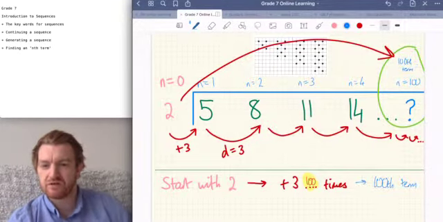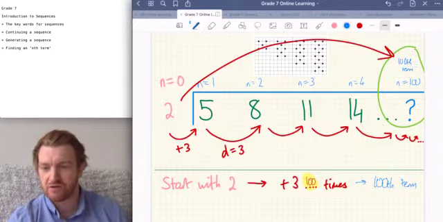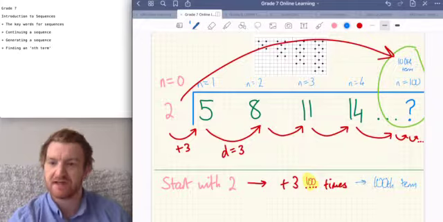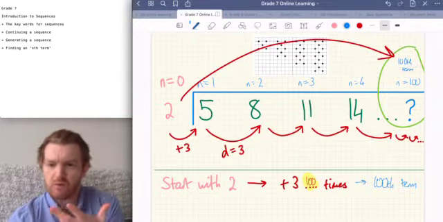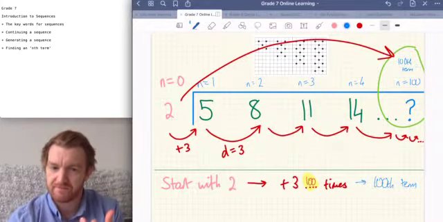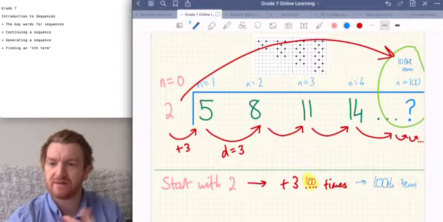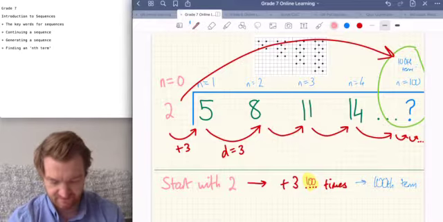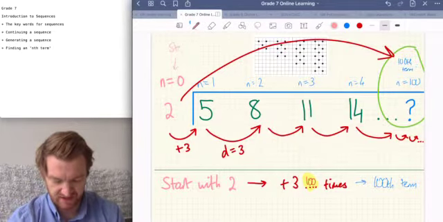So if we were just going to do it manually, we could just say 2 plus 3 is 5, 5 plus 3 is 8, 8 plus 3 is 11, and so on and so on. But we don't want to do that, we want to do it in a slightly quicker way. So we can start to think about it numerically. Always just think of this here as your starting term, or starting amount, maybe.